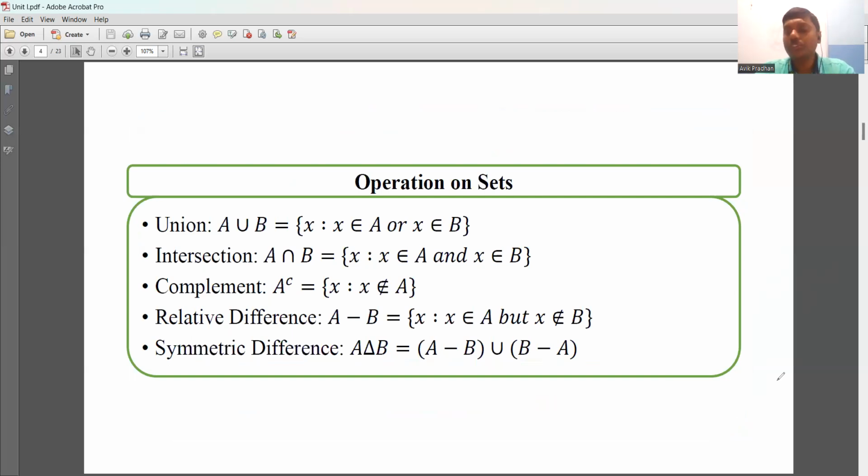So if I think about the union, union is like we are accumulating everything. Okay. So if I consider two sets A and B, then the union of those two sets A and B will be the collection of all x such that x belongs to A or x belongs to B. So, for example, if I take A equal to {a, b, c}, three letters we are considering, and B equal to {4, -3, 2}, then what will be A union B?